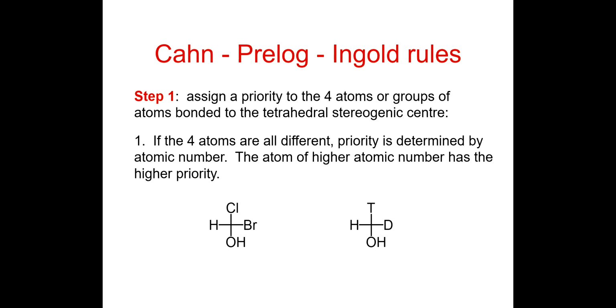And the T here stands for tritium. So both deuterium and tritium are isotopes of hydrogen, and the atomic weight for deuterium is 2, and for tritium is 3.